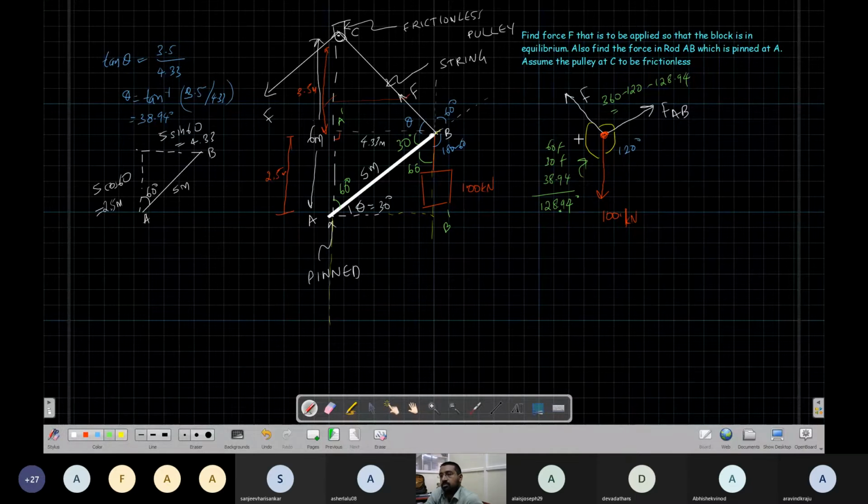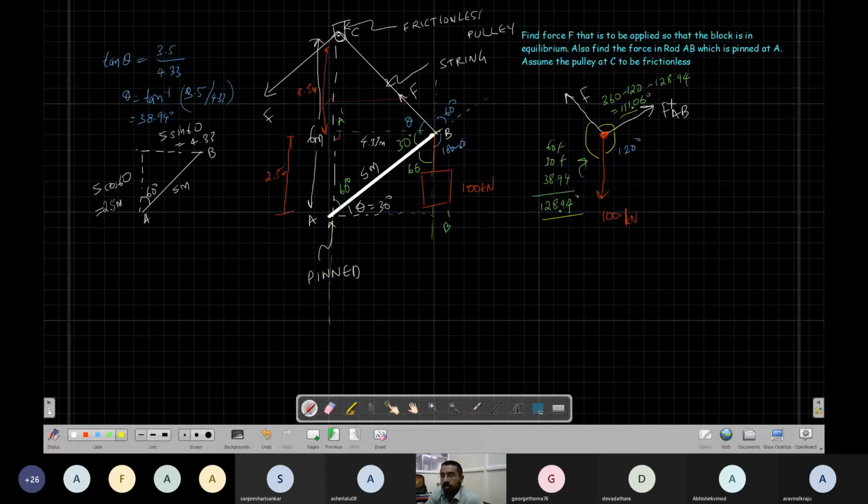Sir, 111.06. You have to tell me the different angles, okay? I'm just taking values from you. Now can we solve this?